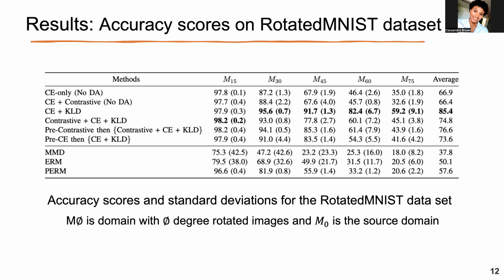And on the existing baseline methods like MMD, ERM, and PERM, PERM again performs better than the other two methods, and our proposed method surpasses PERM by 27% on average, and this is the result of our proposed methods overall.